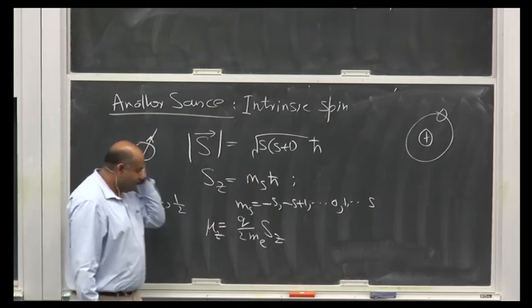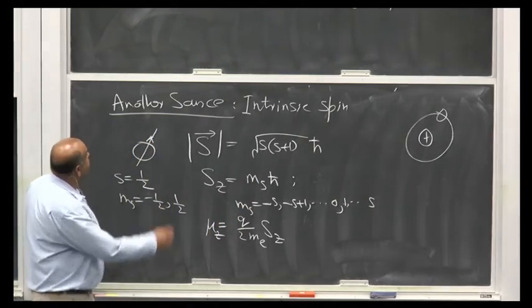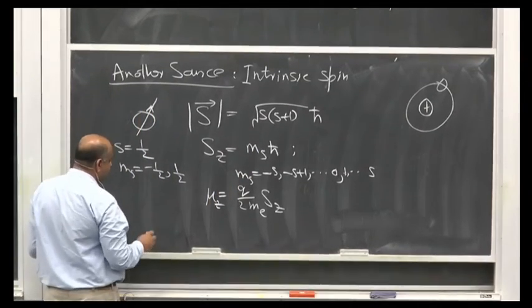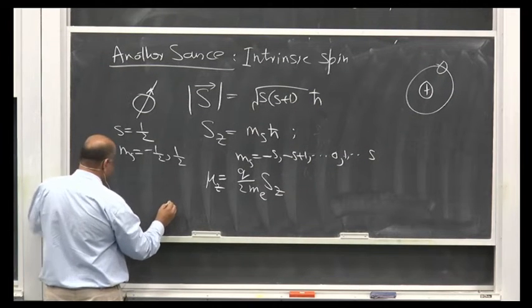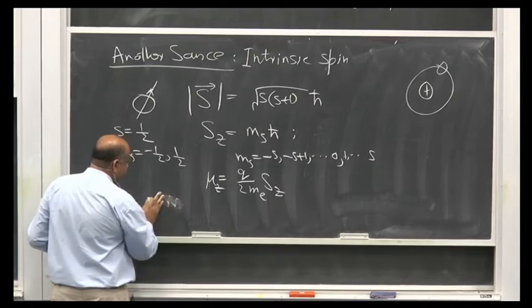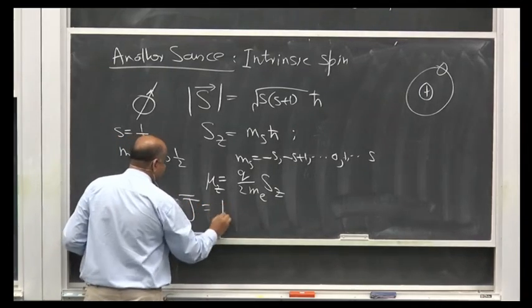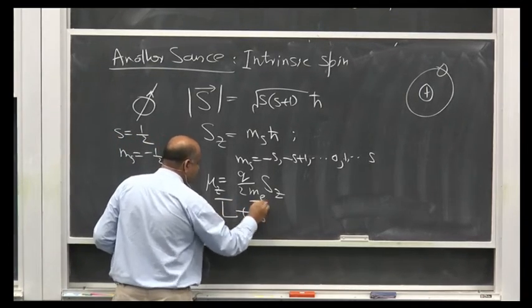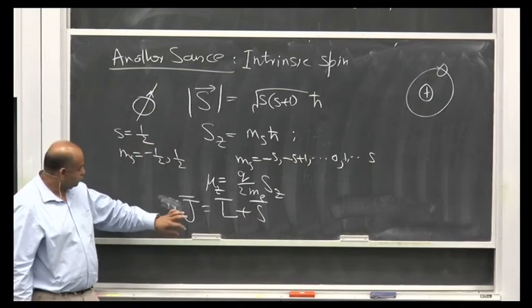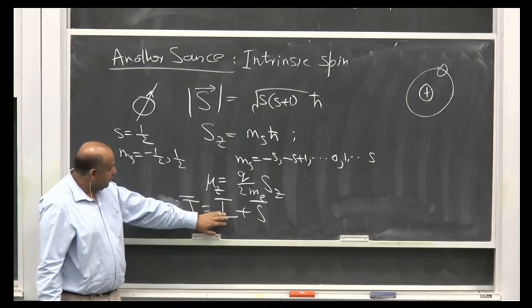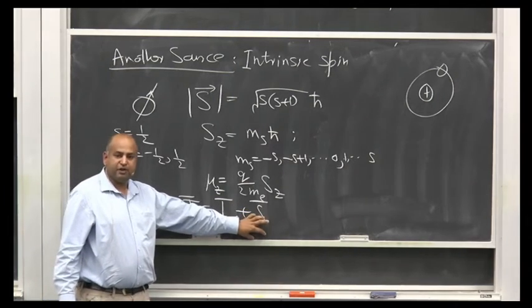So it means the net angular momentum of the electron in that orbital, let me represent it by J, is L plus s. This is 0, but this is not 0. So what will the total angular momentum be? Orbital angular momentum plus spin angular momentum.